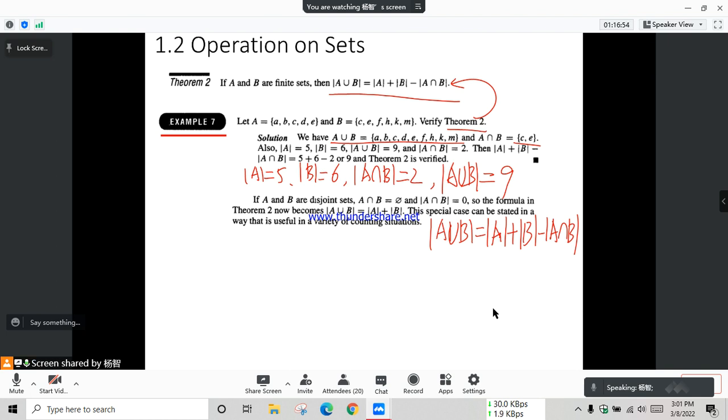Is that right? Because 9 equals 5 plus 6 minus 2. We just verify theorem 2 using example 7. This is not the proof, just a verification, using an actual example to verify theorem 2.